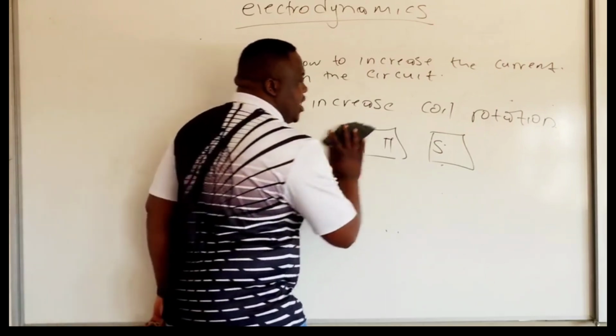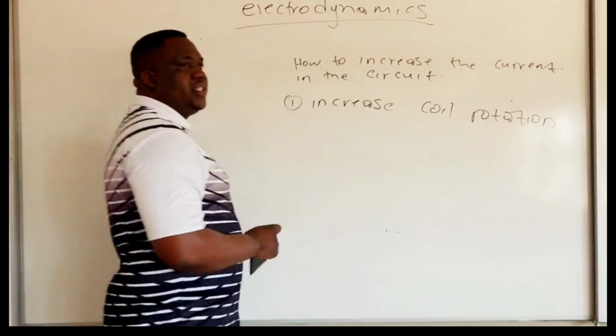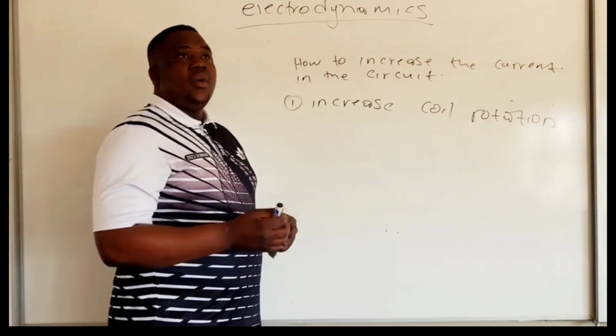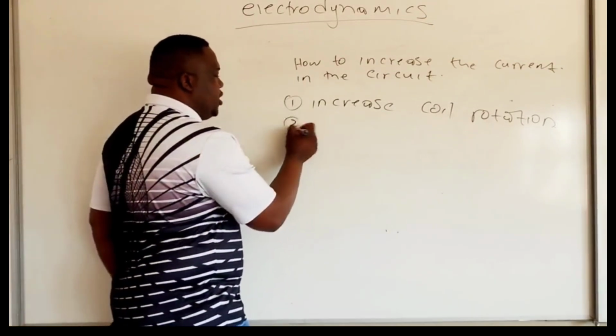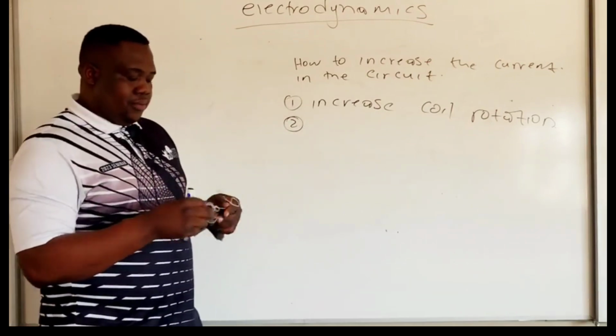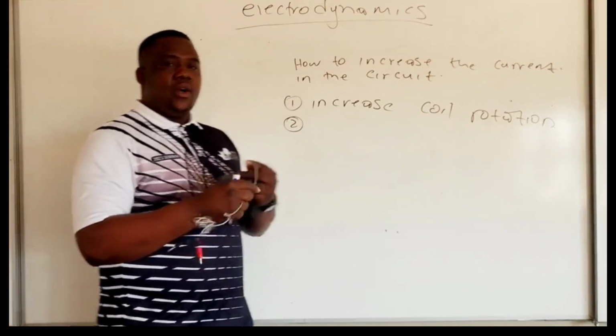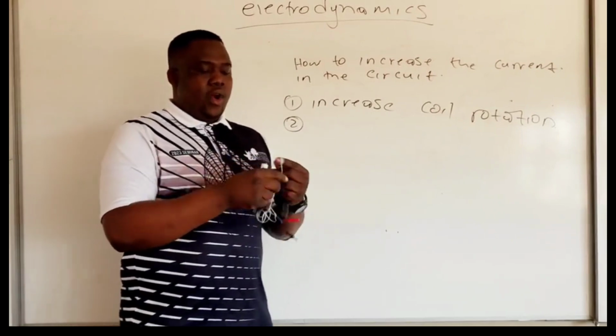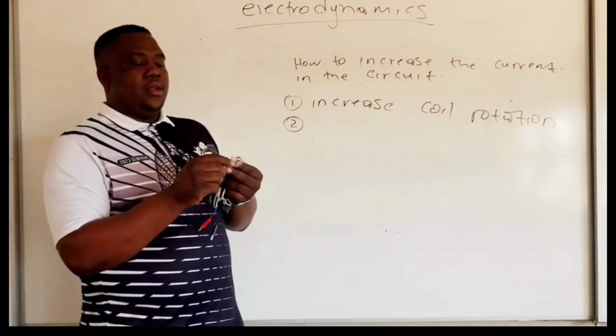I hope you understand. Isn't it we're talking about how to increase the voltage? What is the second thing? Number two, what can I do if I want to increase the voltage? Look, since this is a coil, let's say I coiled it 4 times.